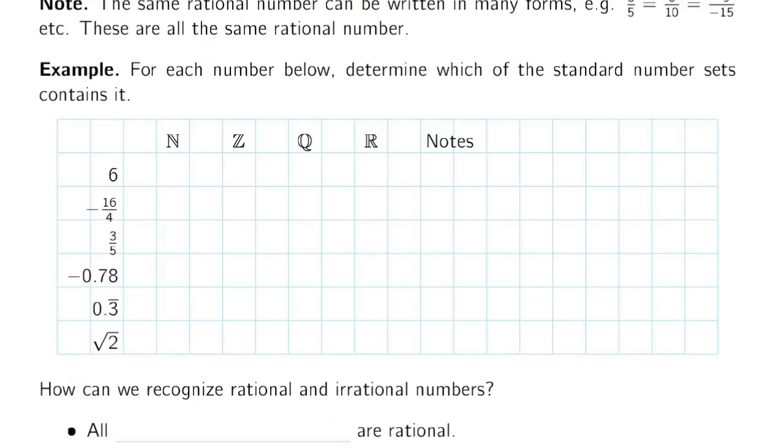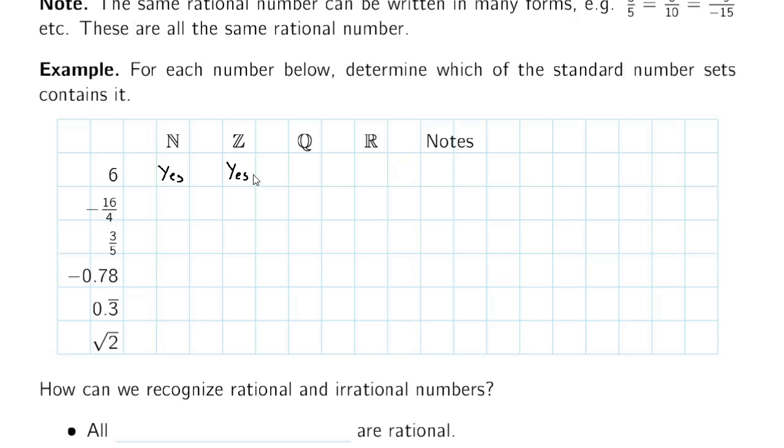So if we have the number 6 and we want to say which of our number sets it belongs to, well, 6 is a natural number, right? It's a counting number, 1, 2, 3, 4, 5, 6. And then every natural number is also an integer. Right?